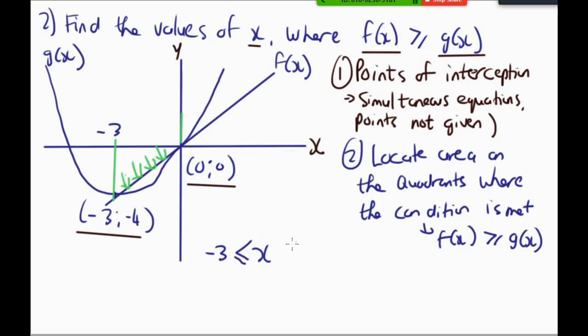And it's where x is less than or equal to 0. So that's the one way we can write it. The other way we can write it is where x is an element of, now in this case remember it's including, so it includes -3 and it goes to 0, but it includes 0. So in this case, in both cases, we have to use the round brackets. Okay, so I trust that that makes sense to you guys.